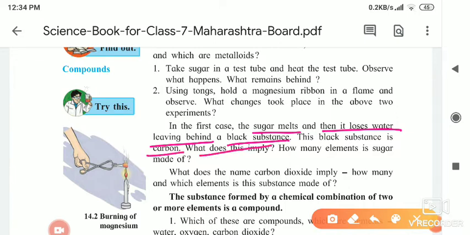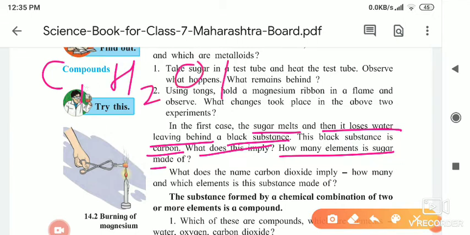What does this imply? How many elements is sugar made up of? The black substance that remains is carbon, and the water first melts and is lost.